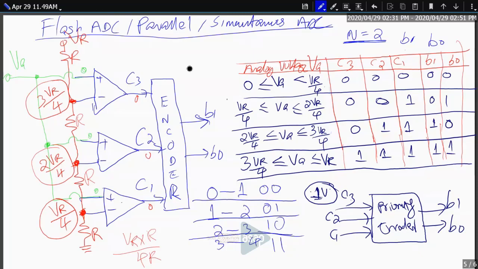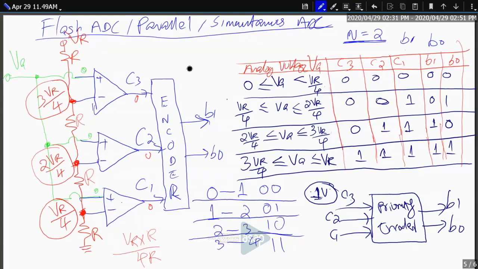Of course, there is a method to reduce the number of comparators in the flash ADC system itself. It is actually called half flash ADC or sub-range flash ADC. In that, if it is an 8-bit example, we will segregate the 4 least significant bits as one category and the most significant 4 bits as another category. So we call them the LSB group and the MSB group.